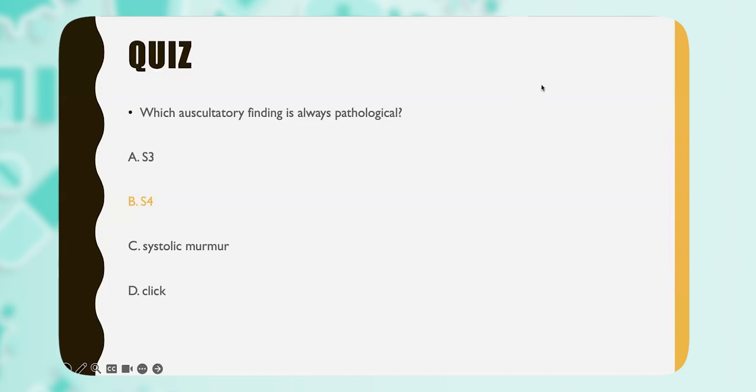In some places, it will be written that S4 can be physiological, but it is hardly so. In old people also, S4 happens because of stiff ventricles, which denotes the presence of diastolic dysfunction. So those are not normal people. So S4 cannot be found in normal people, but all these three can be found in normal people.